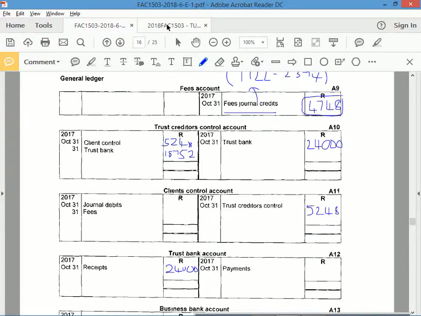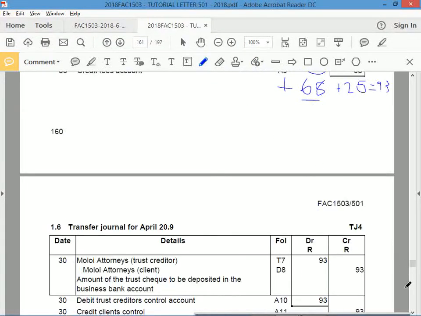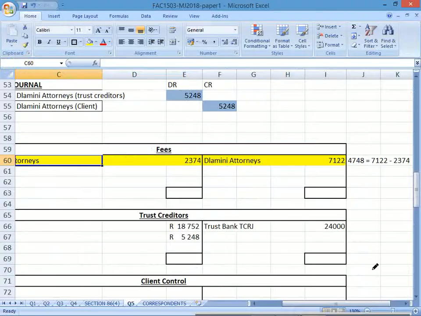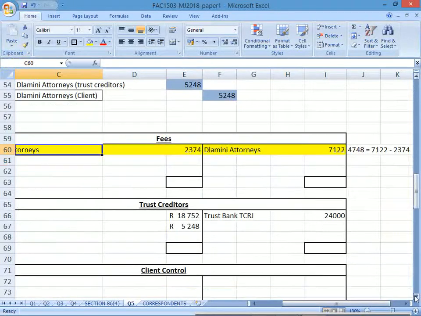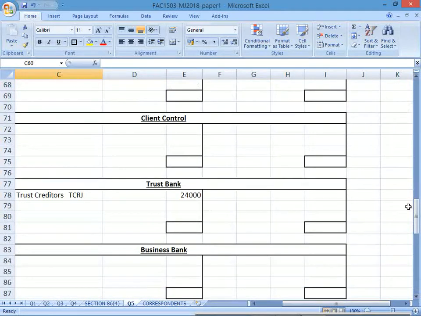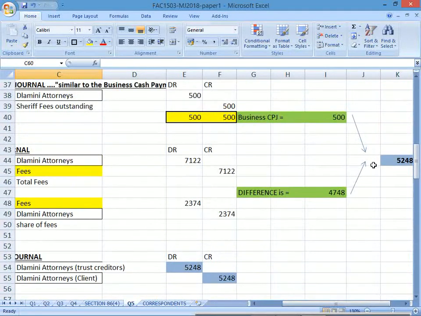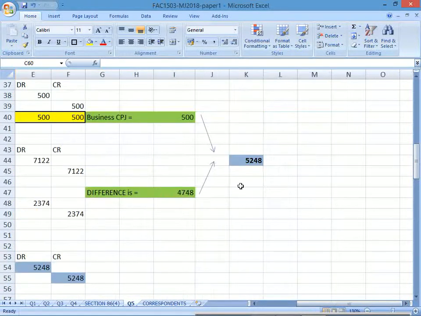Okay, so let's just see in terms of journal debits. I'm not too sure what to record here. Let's just check it. There, yeah, the 25 plus the 68. So it was right. It was the two separate amounts, giving you the 93. So in our case, where was that working? Let's go back up. There. In our case, we had the 4748 plus the 500 gave us the 5248.